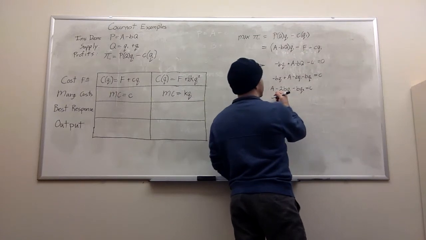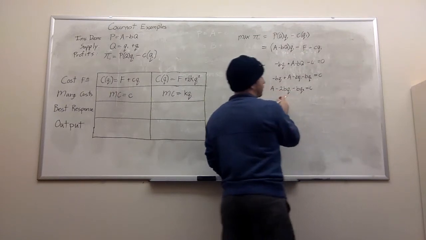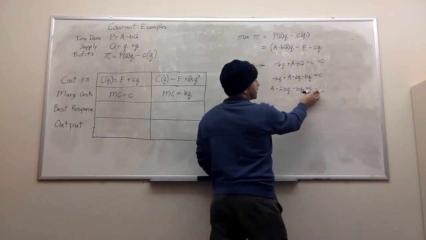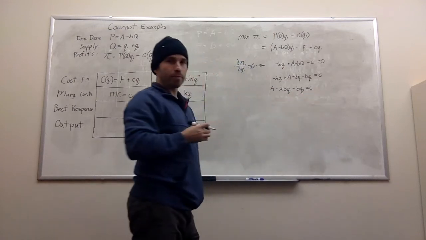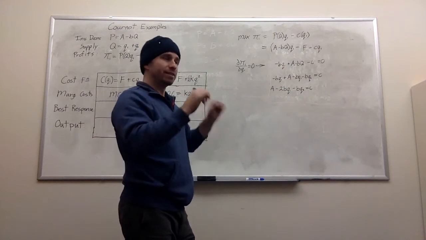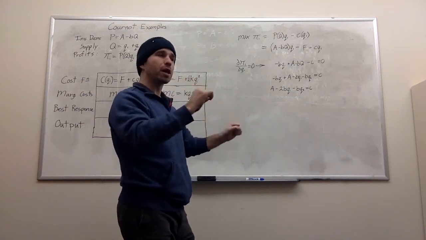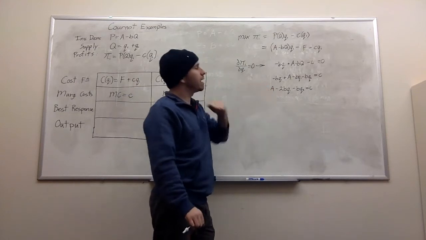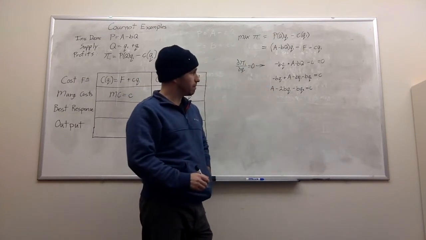I'm going to also note before we do that, right, that this is our marginal revenue and this is our marginal cost. So you always, always, always set marginal benefit equal to marginal cost in order to maximize the objective function, and that is that version of it, right?